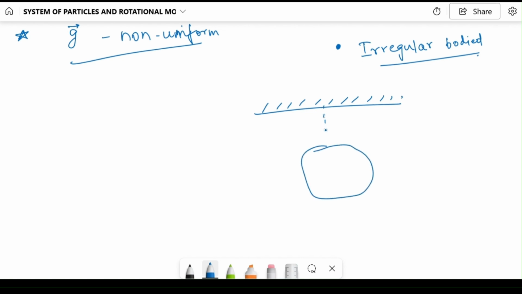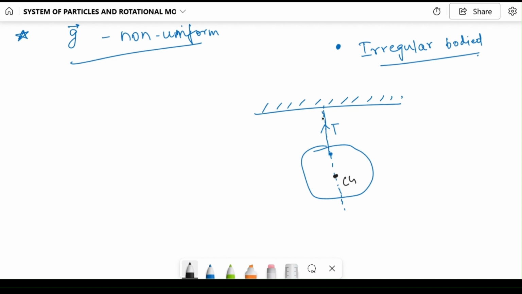We can suspend it by tying it to a string and in its equilibrium position, this string pulls it upward with some tension T, and this tension will be along a line, and on this line there will be the center of gravity somewhere. Okay, so this is for one point here.